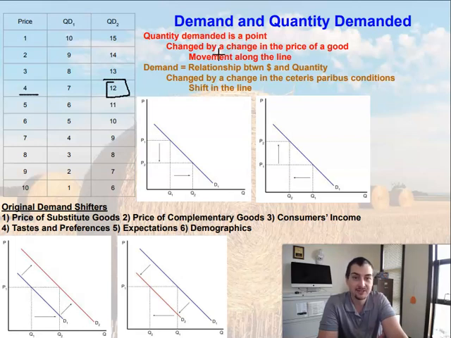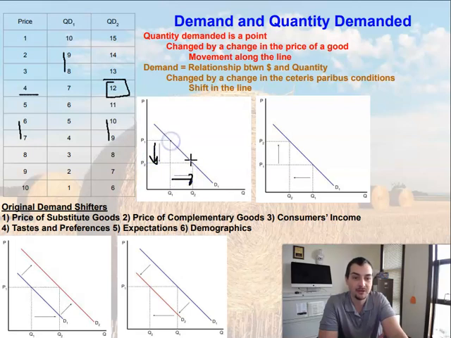Quantity demanded is only changed by a change in the price. If prices increase from 2 to 3, we see quantity demanded fall from 9 to 8. Over here, if prices increase from 6 to 7, we see quantity demanded fall from 10 to 9. If prices fall, the quantity demanded will increase on a demand curve.